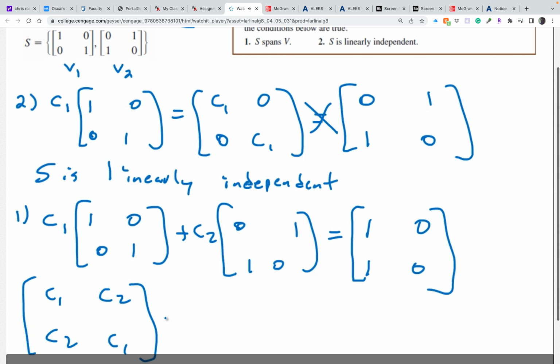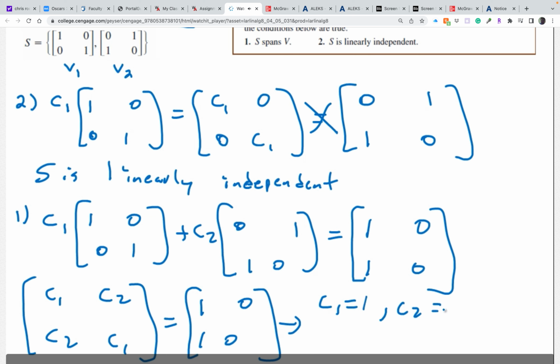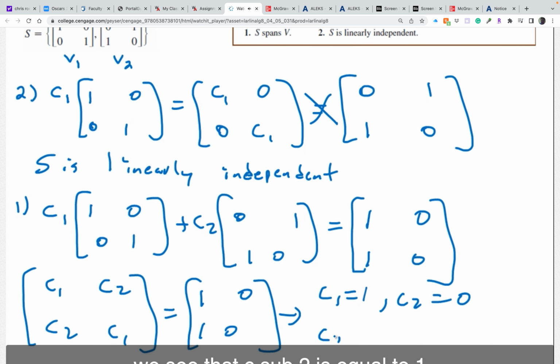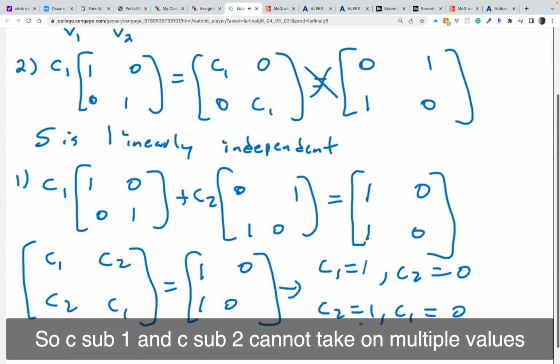And that will have to be equal to this matrix consisting of 1 and 0 in the first row and 1 and 0 in the second row. Well, from this equation, we'll see that C sub 1 will be equal to 1 and C sub 2 will be equal to 0. We get that from the first row, but from the second row, we see that C sub 2 is equal to 1 and C sub 1 is equal to 0. So C sub 1 and C sub 2 cannot take on multiple values.